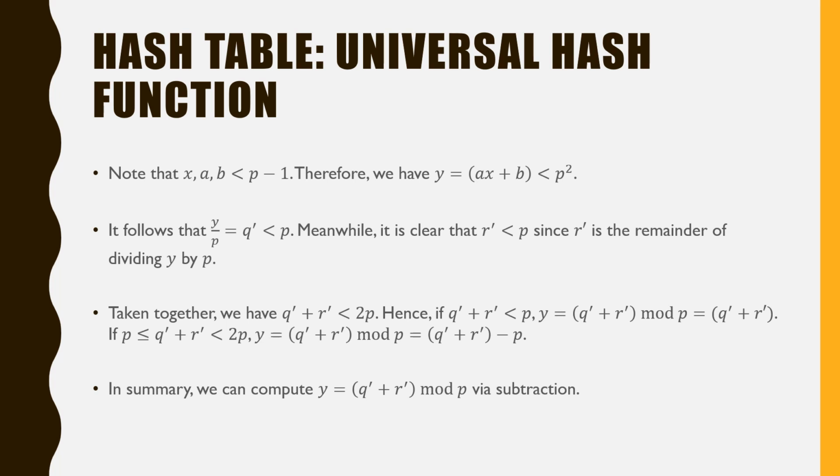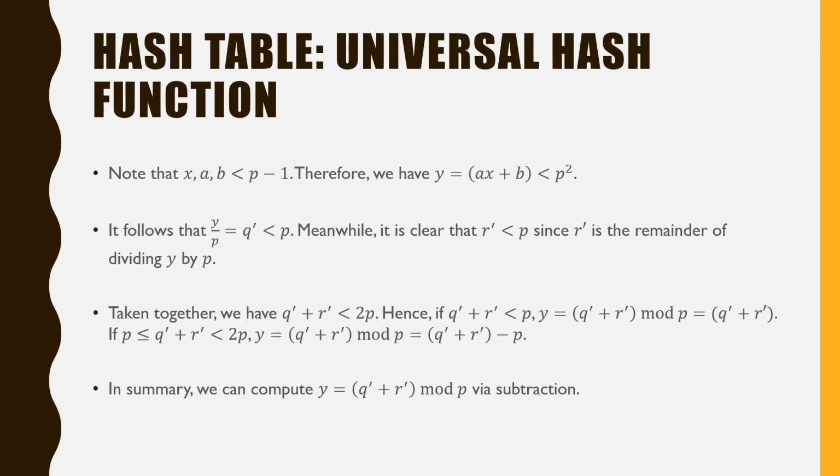Since all a, b, and x are smaller than p, we have y less than or equal to p squared. In this case, q prime is less than or equal to p. Taken together, q prime plus r prime is less than 2p, which means we can compute its modulo with p without using an actual modulo operation.